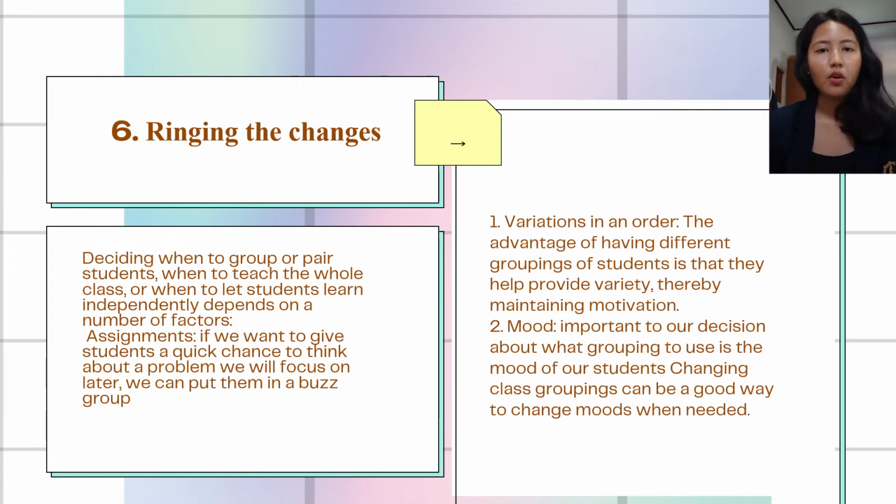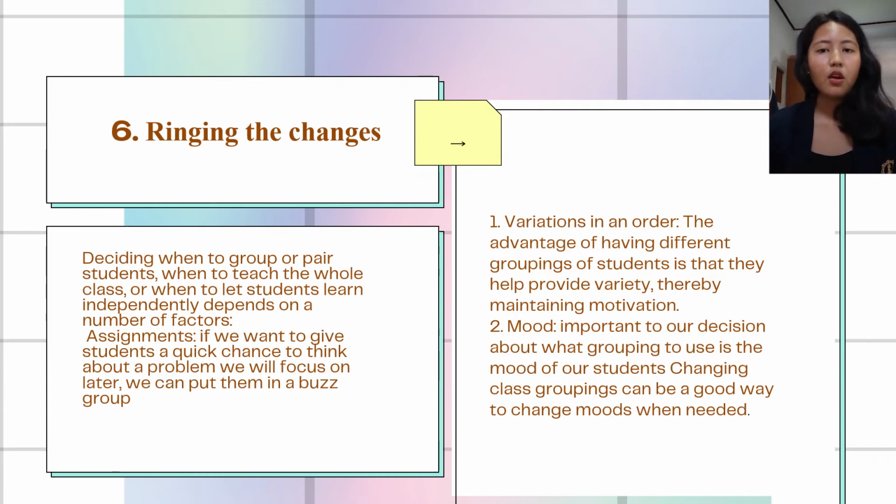The advantage of having different student groupings is that they help to provide variety, sustaining motivation. The most crucial factor in our decision about what grouping to use is the mood of our students.